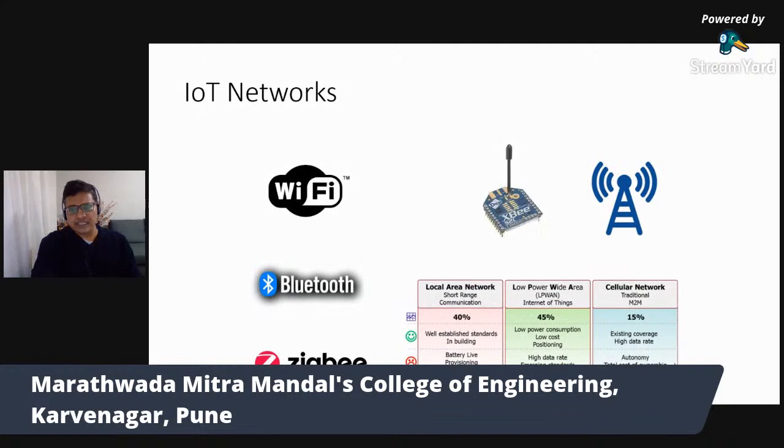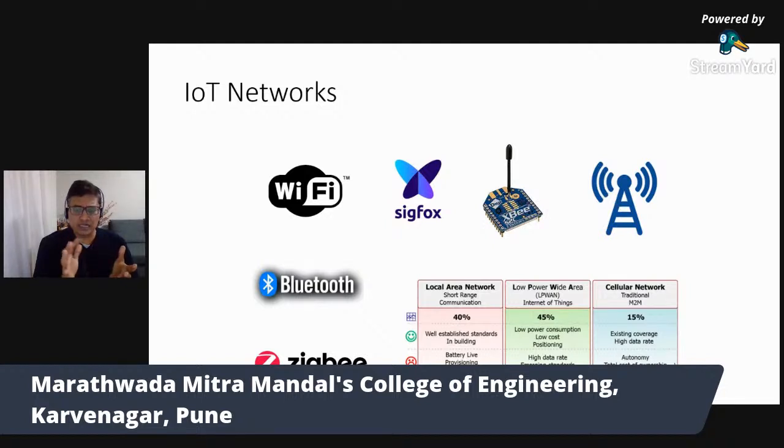Now, if you want to understand these communication protocols, some of the physical modules you have seen in the previous slide are basically classified as local area network and so on.